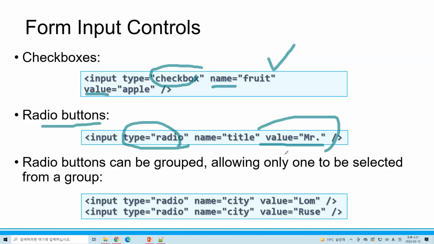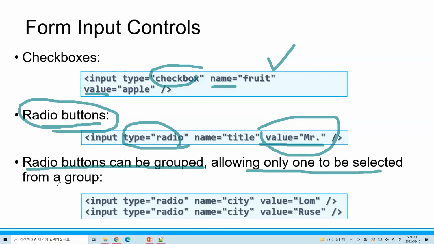So this is the original value, and if we ask them to select, with the radio, we call this a radio button. And the radio buttons can be grouped. When we group the radio buttons, it allows only one to be selected in a group.